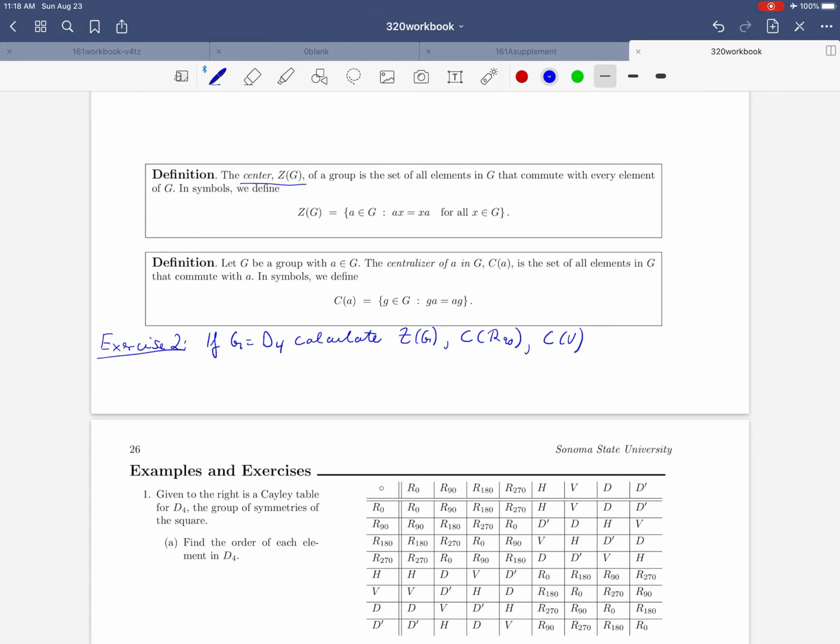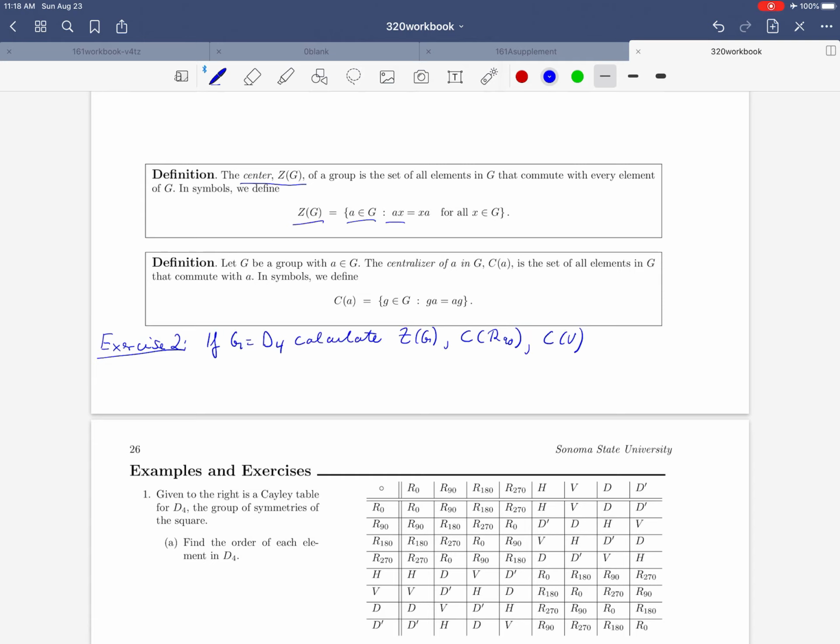And so in set notation, Z of G is all elements A in our group that commute with everything in G. So AX is equal to XA for all X in G. So this is the center of a group.